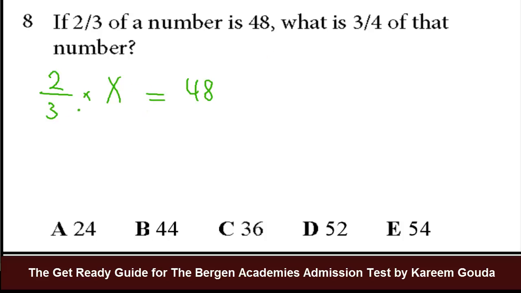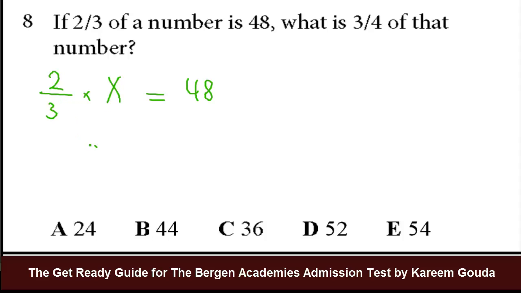Remember we said before that if you have on one side of the equation a fraction, any numerator on one side goes to the other side as a denominator, and vice versa. Any denominator on one side goes to the other side as a numerator, provided that all the expressions are multiplied by each other on both sides, or divided.